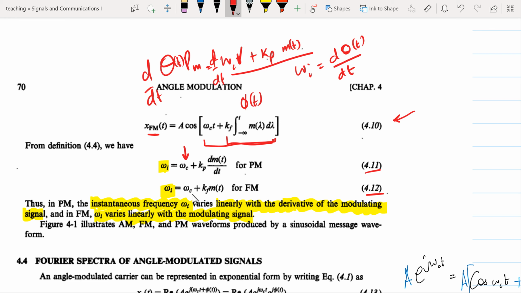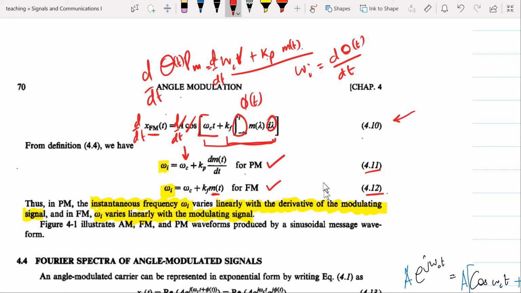And similarly, we are able to get, if we differentiate this with respect to time, of course, we want to differentiate only this aspect, not including that. We are going to end up with omega c, and then when you differentiate this, you simply remove the integral. This integral goes, and we end up with omega c plus kf m of t, and that is how we define the instantaneous frequency for phase modulated and frequency modulated waves.